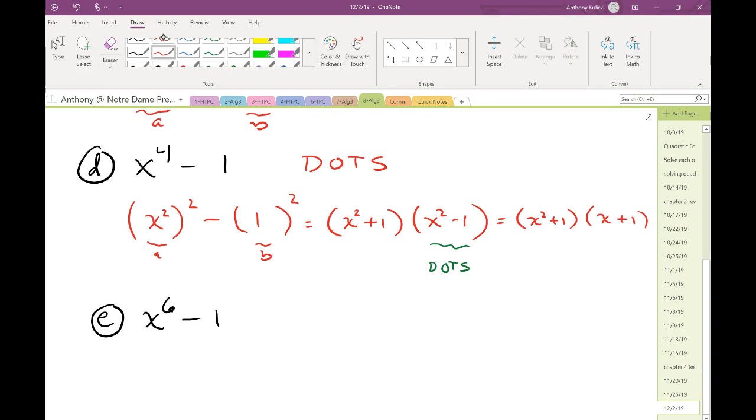Okay, I've heard somebody say difference of 2 squares. I've heard somebody say difference of 2 cubes. You're both correct. Which one should we do first? If you can do both of those two, you should do the difference of 2 squares first, because you get something that's kind of nastier to factor if you do the difference of 2 cubes first. So we want to do the difference of 2 squares first. That typically makes our life easier.